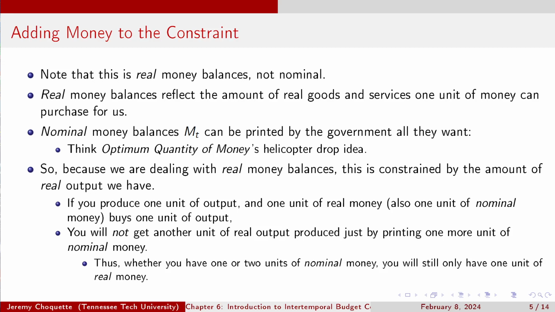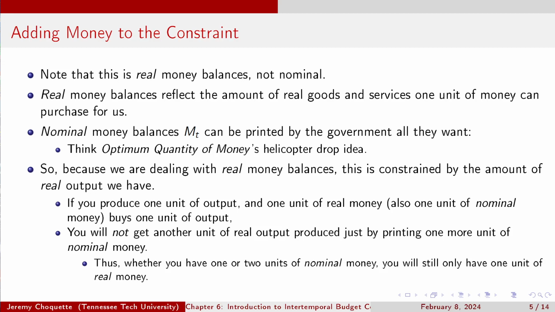So if you produce 1 unit of output, and in this particular context 1 unit of nominal money buys 1 unit of output, but you print an additional unit of nominal money, you're not going to get another unit of real output in doing so.